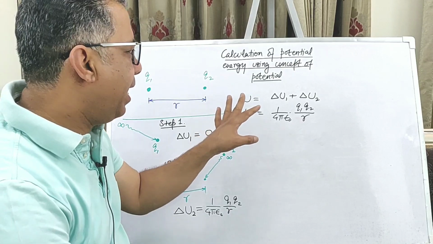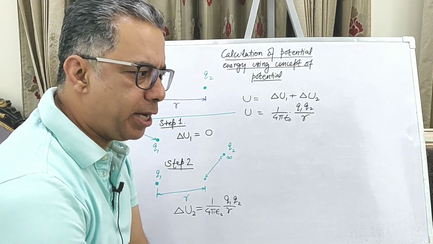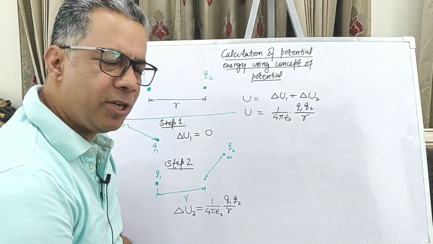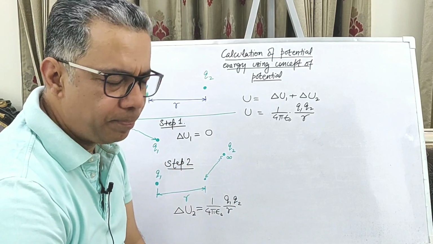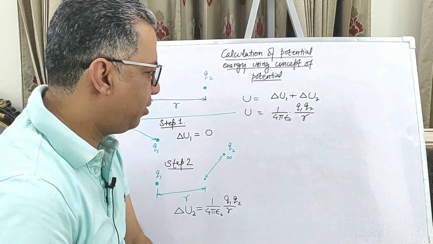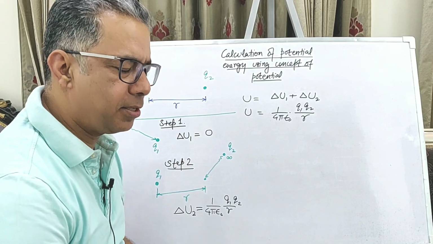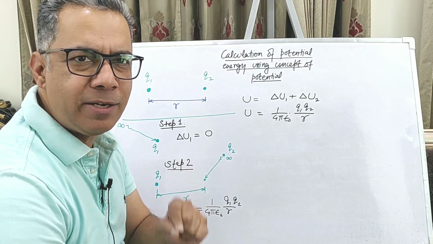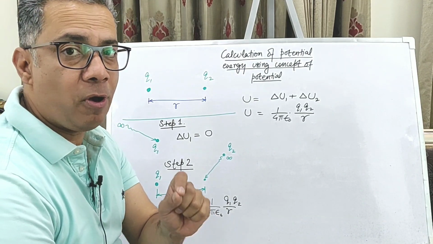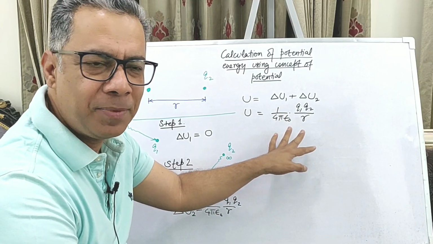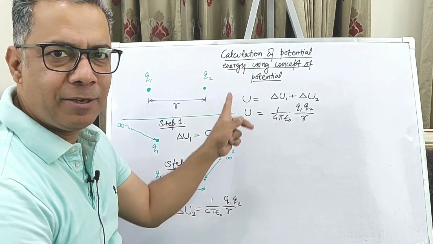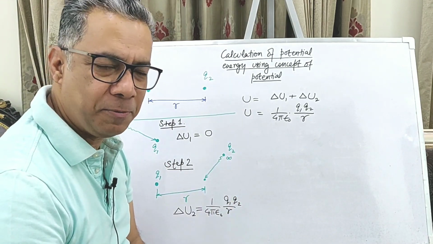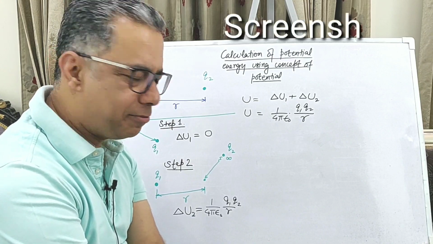Now this is a fairly handy process for calculating potential energies, but not for a system of a large number of point charges. If you recall the problem we discussed about charges kept on the vertices of a cube, and there were 28 charges there, if we were to solve that problem using this process, we would have 28 such calculations, and the potentials at those points would be fairly interesting to calculate as well.